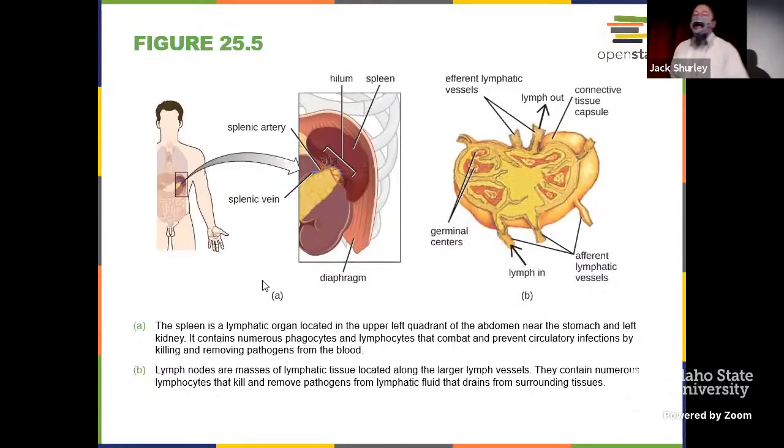There are other components of the circulatory system, organs that help with this process. And the spleen, we can see right here, here's the diaphragm, the spleen, the liver down below that. The spleen is a major lymphatic organ. If you're a little kid, it's essential and you need it.